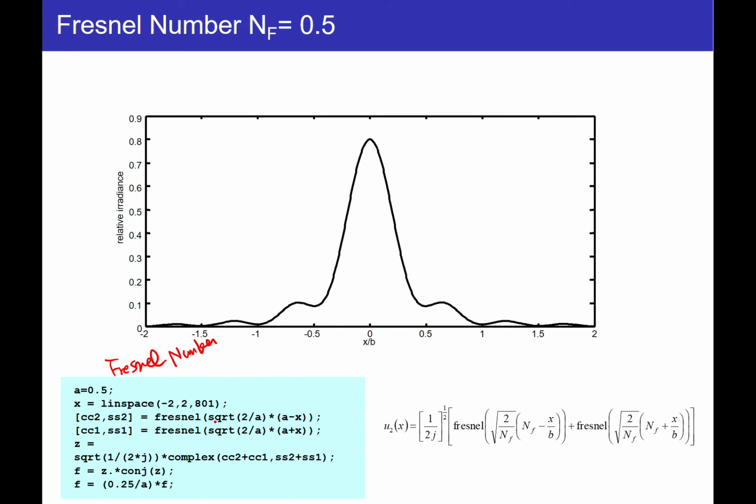And then the Fresnel routine in the Matlab code I have provided you, for the given argument, gives you the cosine and the sine values here. And for this, we have cosine 1 and sine 1. Okay.